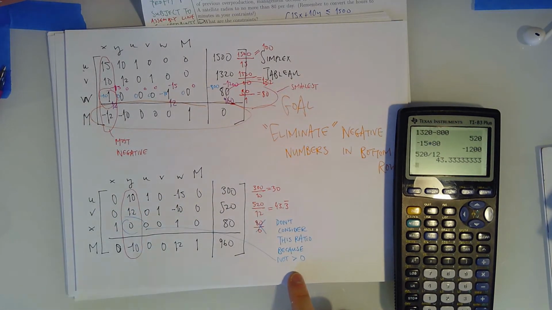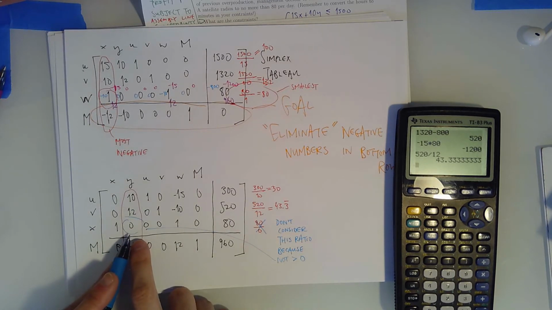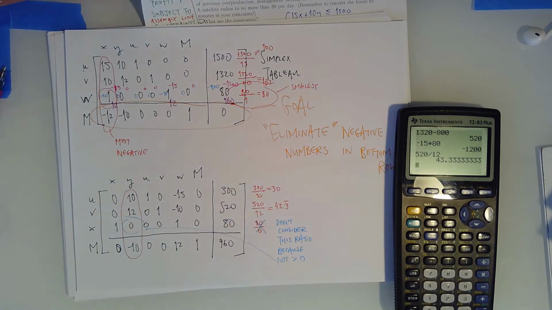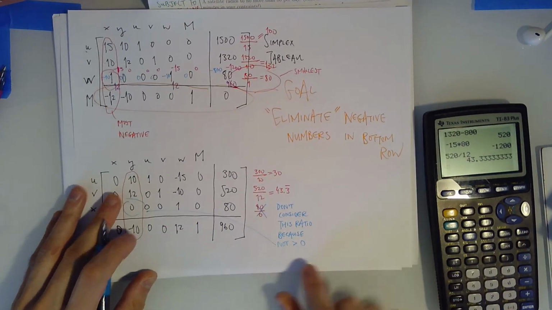So if it was negative, like we saw in class, we actually don't consider it. It has to be with the positive ratios. Again, why do we do this? It'll be explained in the next video.